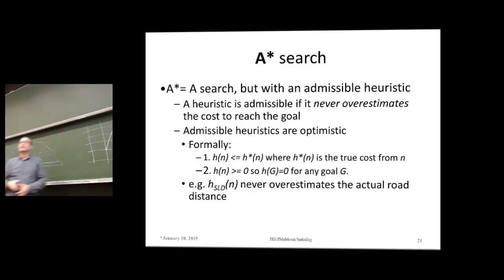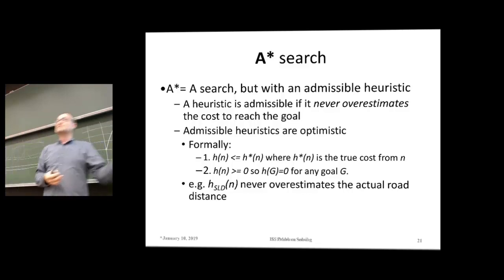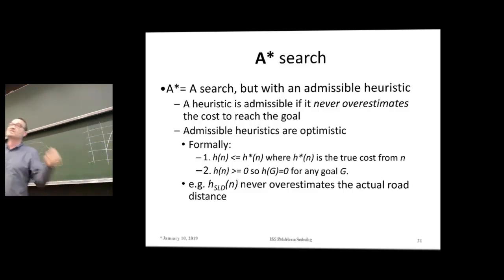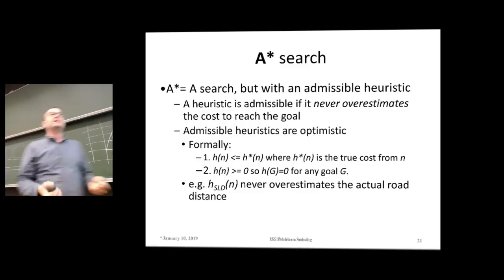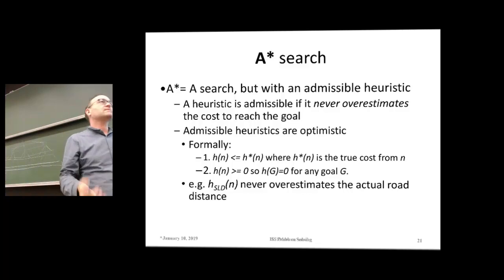Because the beeline distance is the smallest possible distance from the node. By definition, exactly. So by definition, the shortest line distance is the shortest line between 2 points. So whatever way you take to get from here to here, let's say we do this kind of thing, or we do more on the grid level, whatever movements you can make between 2 points, they can never be shorter than the shortest line that you draw between these 2 points.